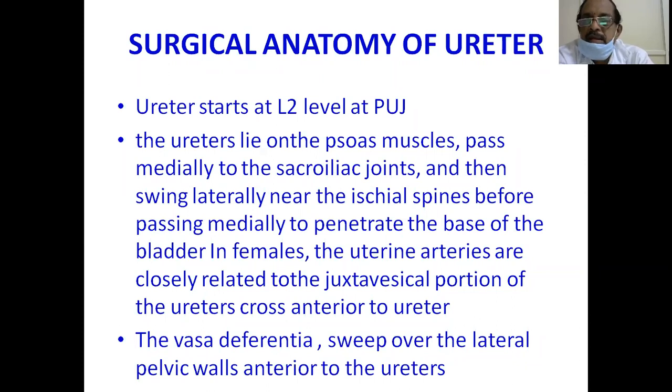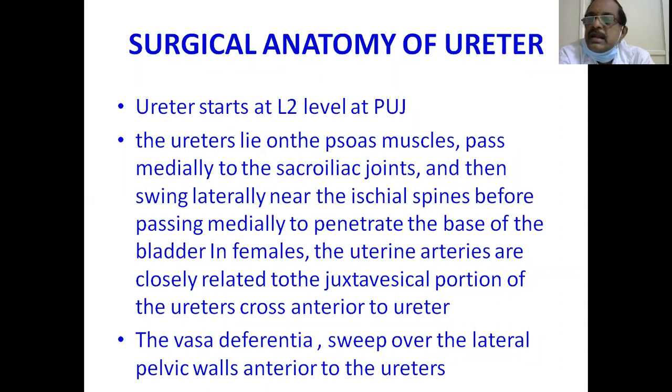You have to remember here the relation of uterine arteries to the ureter, because most commonly the injuries of the ureter are due to difficult gynecological surgeries, where the ureter is related to the uterine arteries. While securing hemostasis, ureters may be injured inadvertently. The uterine arteries are closely related to the juxtacervical portion.